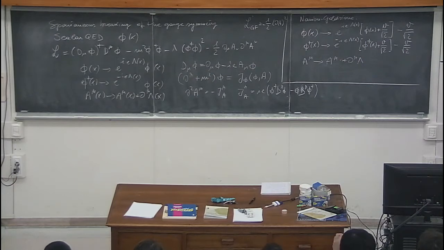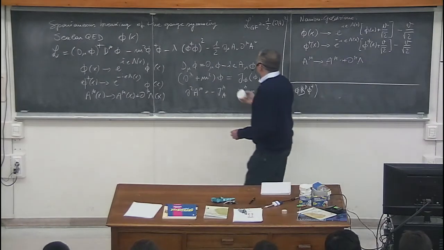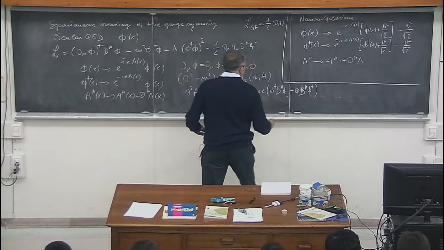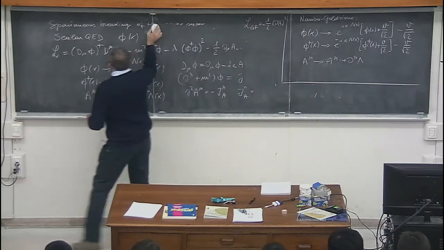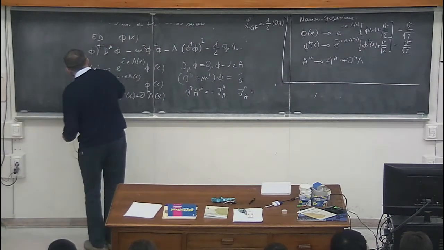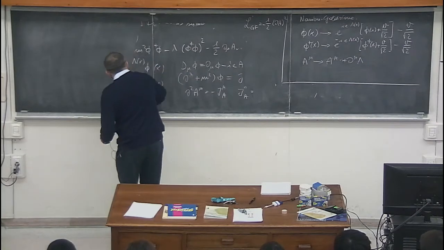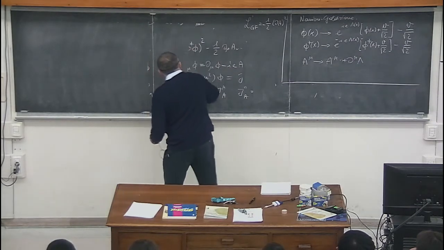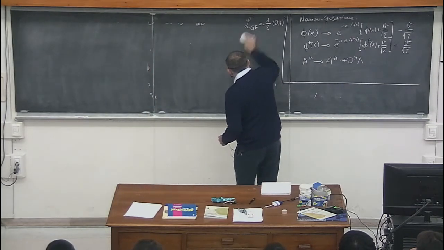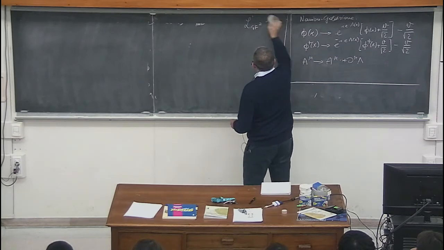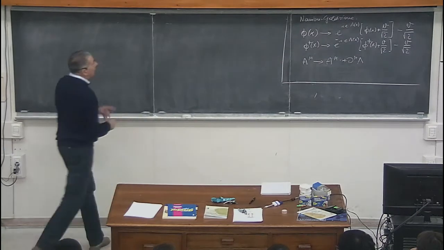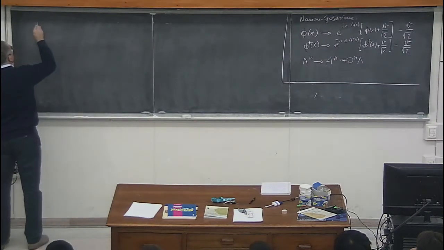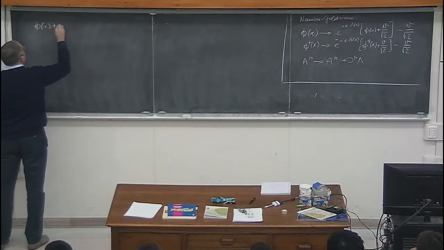Okay, how do I build an invariant Lagrangian? If I assume that the gauge transformations are like this, it is quite easy. It is especially easy if I rewrite the transformation law for φ(x) in this way.